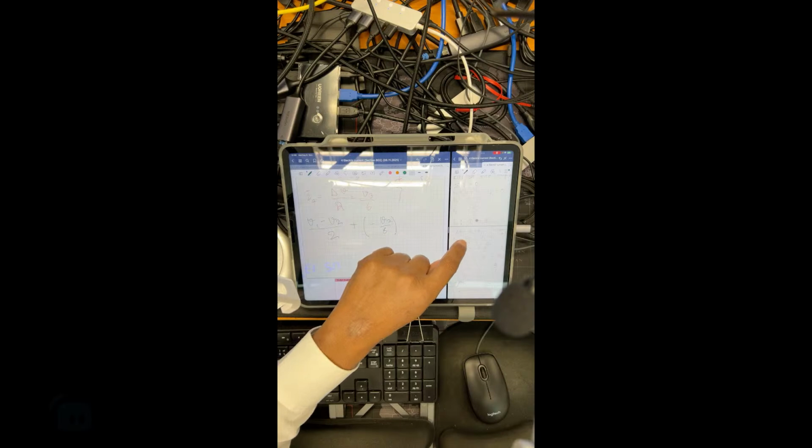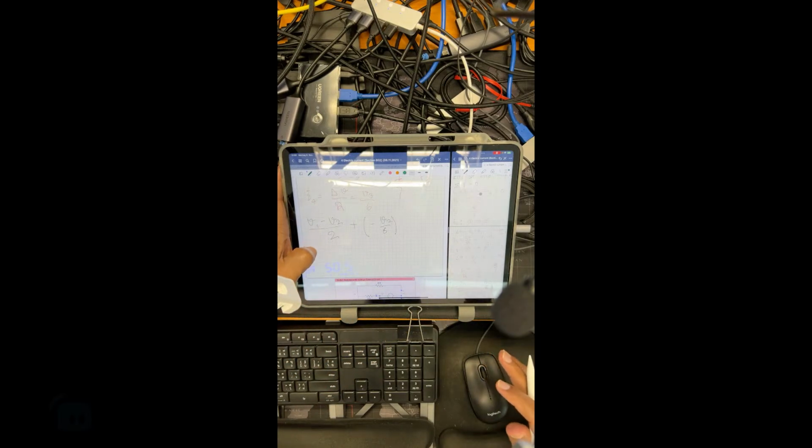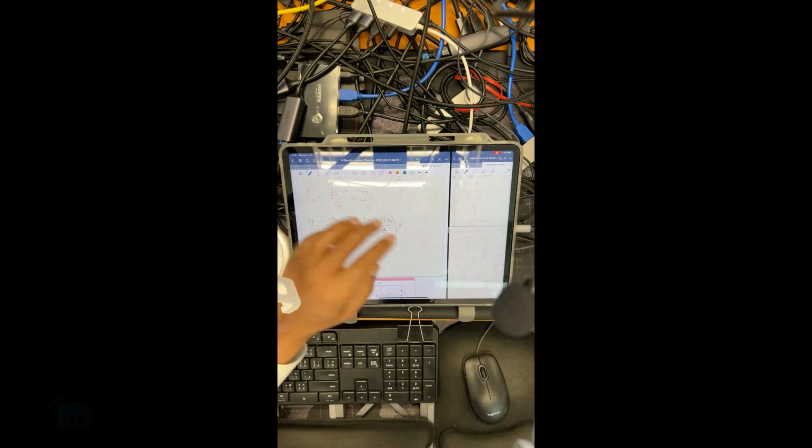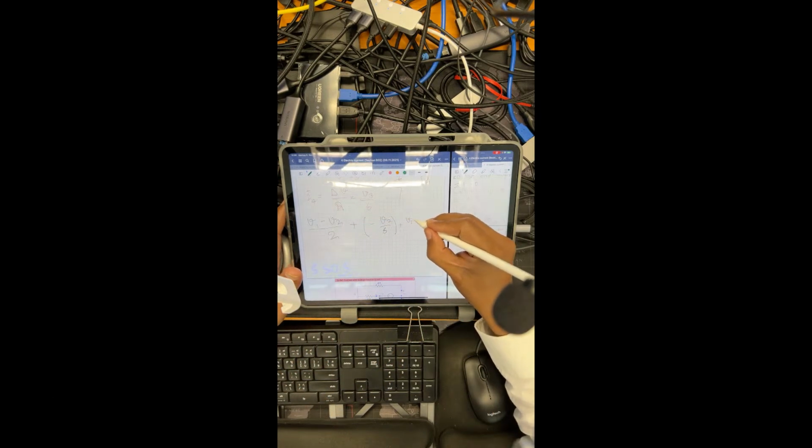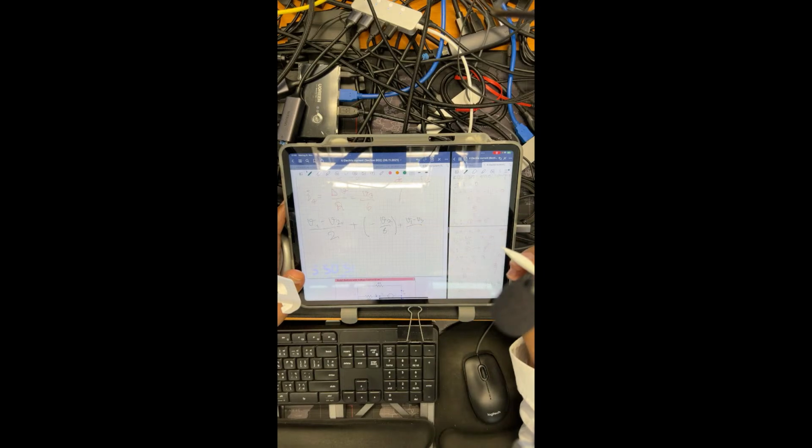And the next one is plus I3. I3 is V1 minus V3 by 4. And minus I4. I4 is right there, minus V3 by 6 equals 0. And V2 by 8.